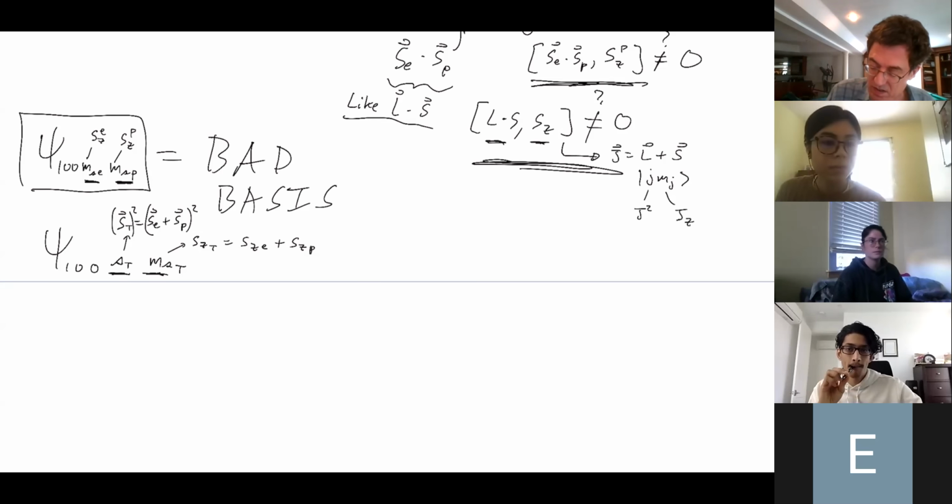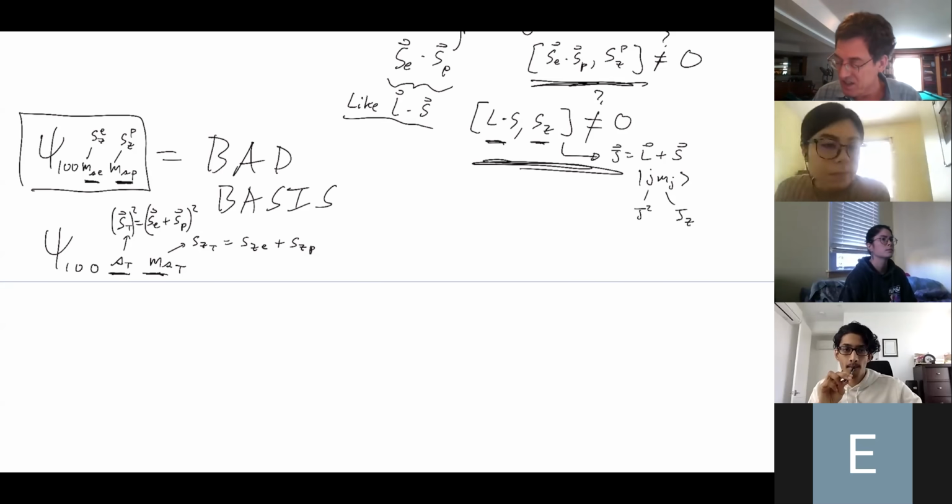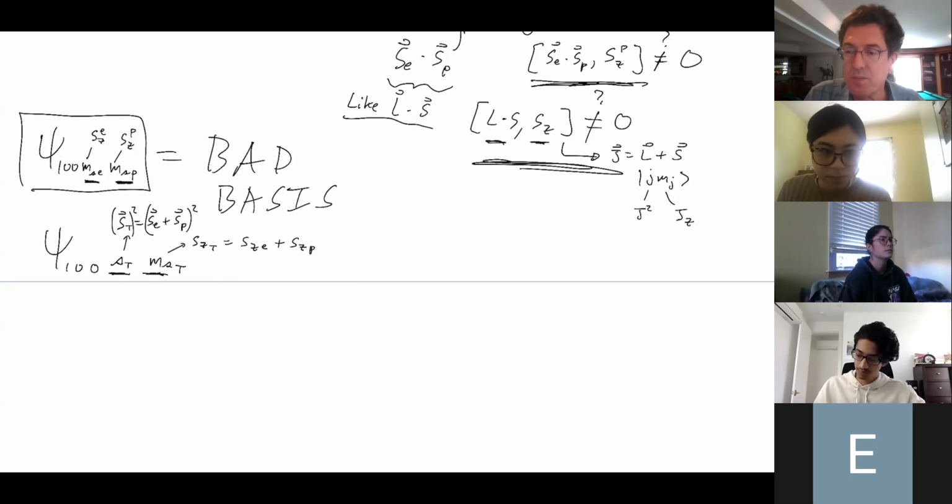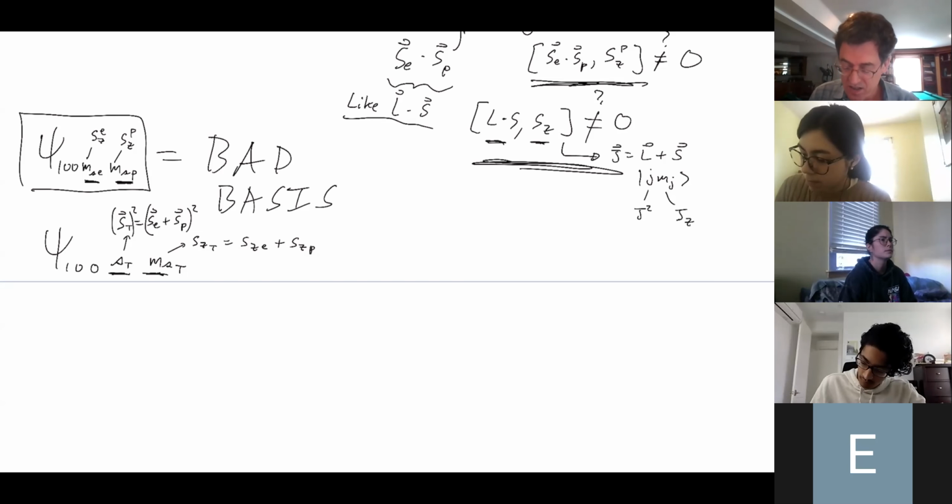So here we're replacing J with S sub T and M sub J with M sub S sub T. So we're going into the total angular momentum basis.